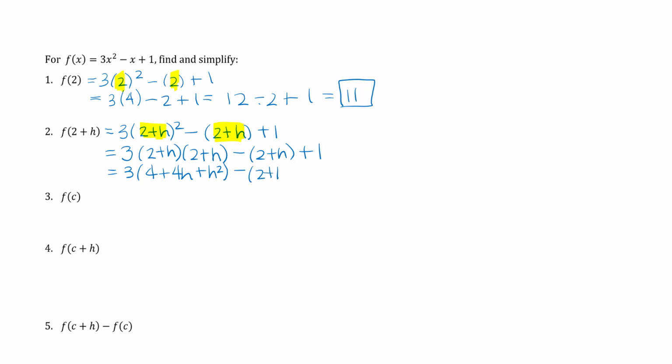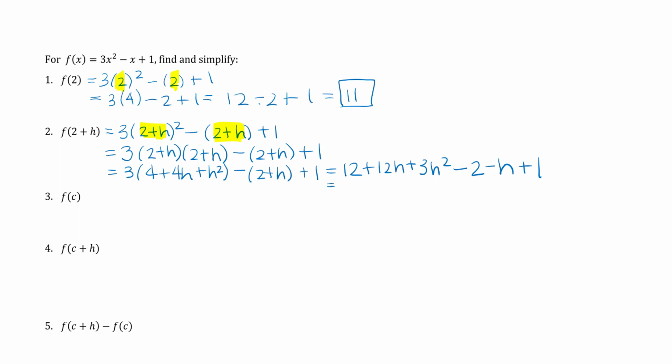And then I have to be careful with my minus sign here. Okay, then I can go ahead and distribute through. When I distribute the 3 through the first parentheses, I'll have 12 plus 12h plus 3h squared. And then distributing through the minus sign on the second parentheses, I'll have minus 2 minus h, and then a plus 1. So then I want to just make sure I identify like terms, maybe put this in descending order of degree.